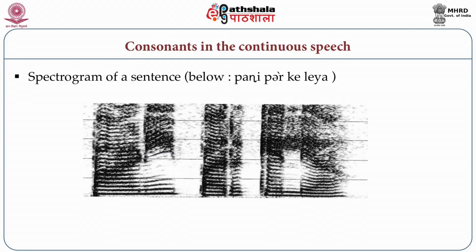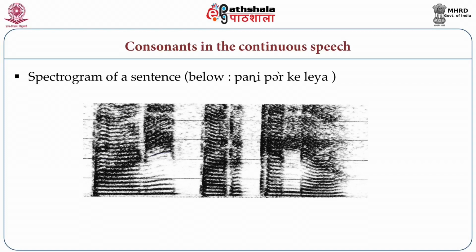Now consonants in continuous speech, that's a very big challenge. What you have on the screen is the spectrogram of a sentence below, and this is a spectrogram taken many years ago by a conventional, old model spectrograph, not the computer-aided spectrograph or computer software which give you spectrograms today.